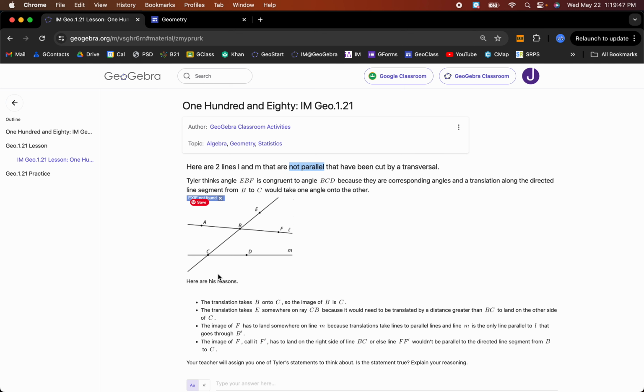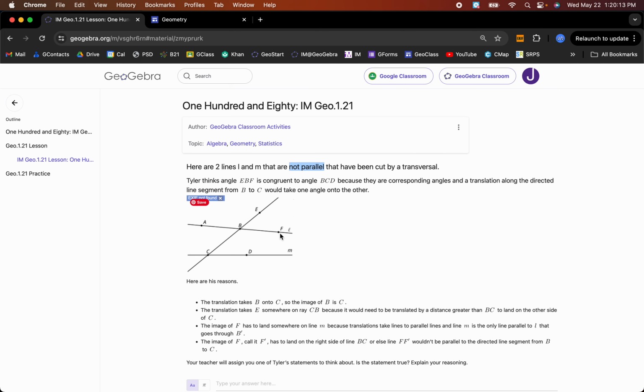So if we're sliding things using B to C, then F to F prime also has to be parallel to our BC vector. So I don't have a problem with that.